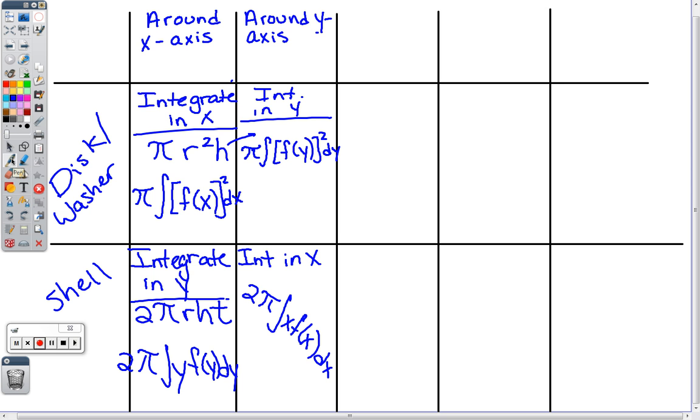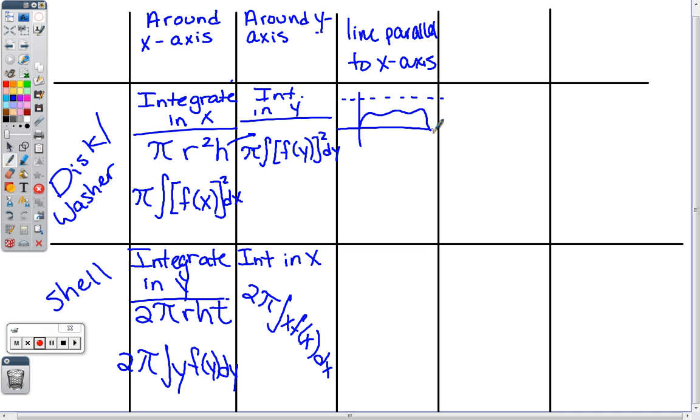I will write the first one, line parallel to the x-axis. How does that work? Picture the picture. Let's say it's up here.